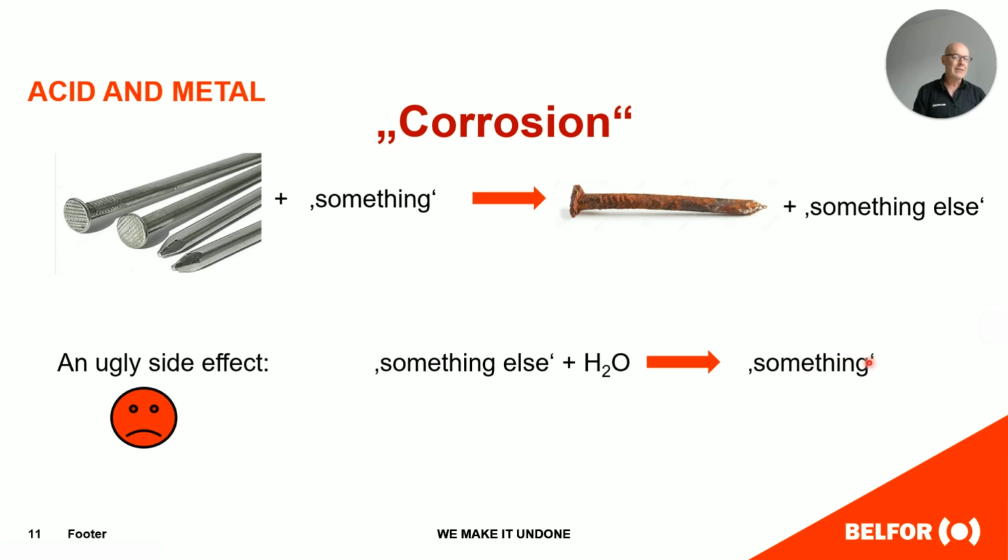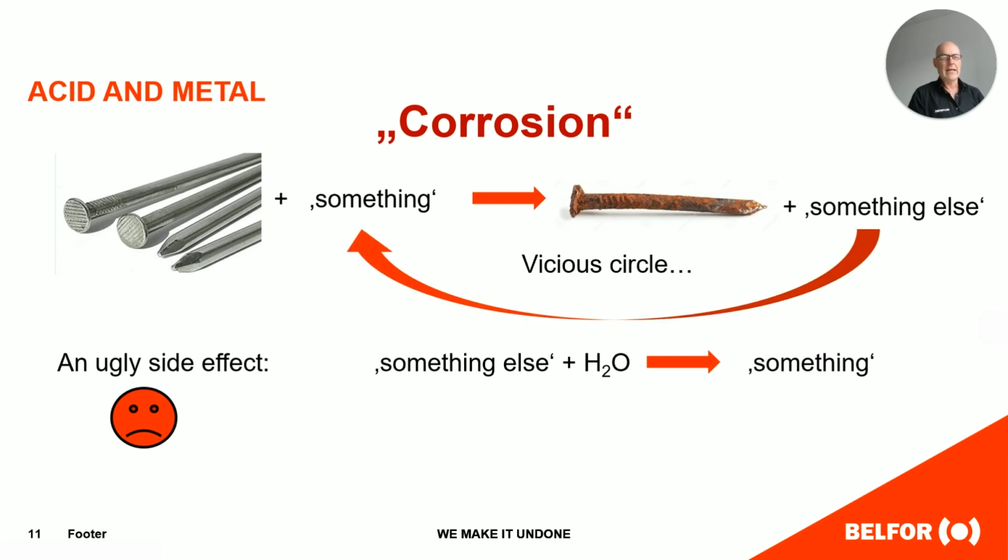This accelerator. Oh, stupid, because the something plus the metal is leading to corrosion. The corrosion is leading to the something else, which, with the water, is leading to the something. And you see what I want to point out. What I would like to point to is, you get a vicious circle.